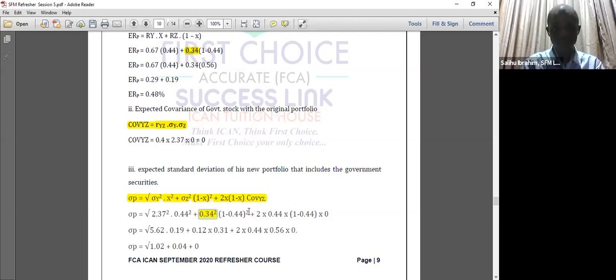The whole of that place should be 0, because 0 times the bracket is going to be 0. Now, if that is the case, all this one must also be 0, because everything is being multiplied by 0. Can you see that?